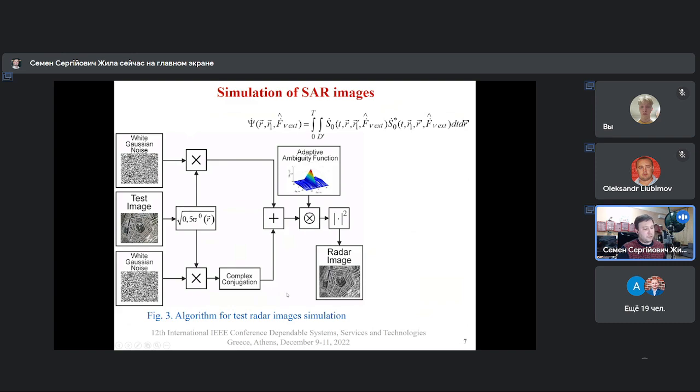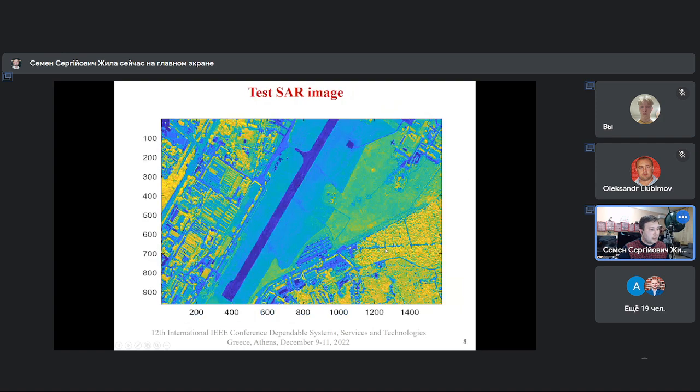And we have an algorithm for test radar image simulation. It was published in a lot of our previous work, and it produced test SAR images with high performance, the best quality for this problem statement.